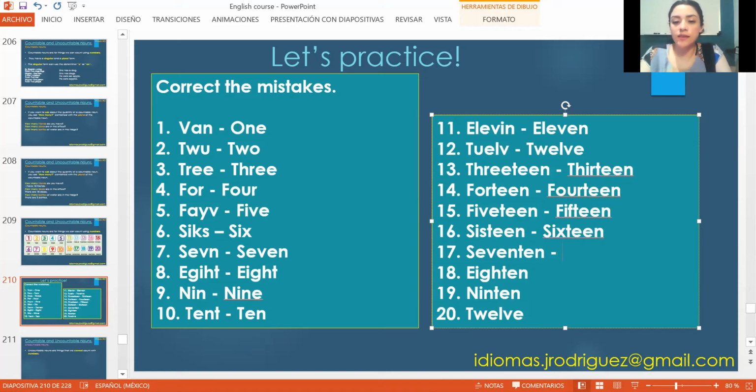17. 7 is correct, 7, but I need double E, 17. Right? The same with the next number. Yes, 8, and I add the ending teen, double E and N. Now next, 19. 9, my number 9, and I add the ending teen, 19.